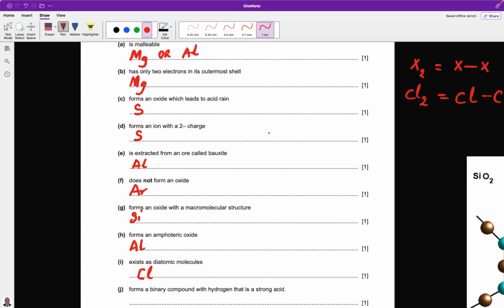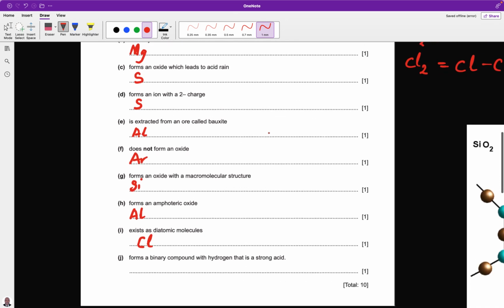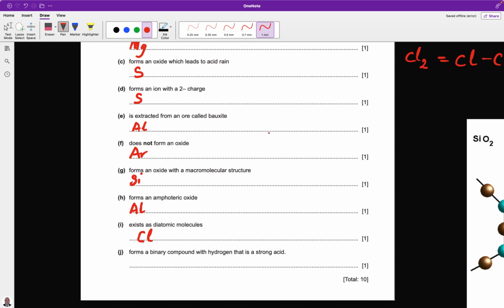Next, J: write the symbol of an element that forms a binary compound with hydrogen that is a strong acid. So what is a binary compound?